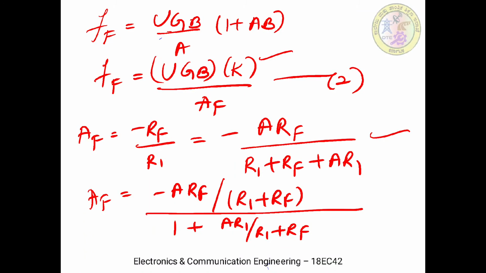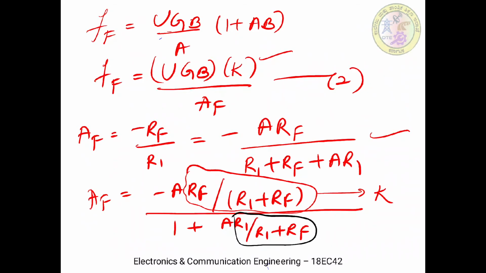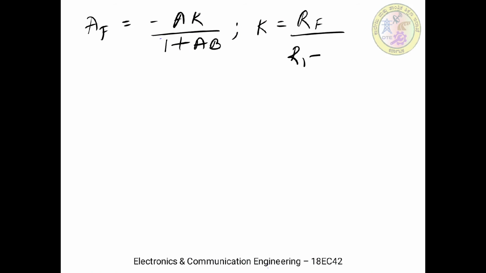Here we can see that the gain A is multiplied by the ratio RF divided by R1 plus RF, and this constant is taken as K. Similarly, in the denominator, R1 divided by R1 plus RF is nothing but B. Therefore we can write AF is simply equal to minus AK by 1 plus AB, where K is nothing but RF divided by R1 plus RF.